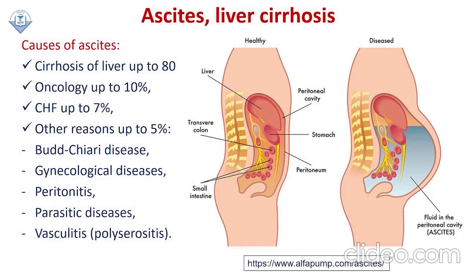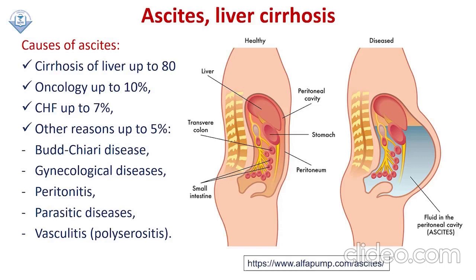Let's discuss ascites. Ascites is a main manifestation of liver cirrhosis. Possible causes of ascites: cirrhosis of liver in 80% of cases, oncology up to 10% of cases, chronic heart failure sometimes just 7%, and other reasons which are very rare, like Budd-Chiari disease, gynecological diseases, peritonitis, parasites, vasculitis.